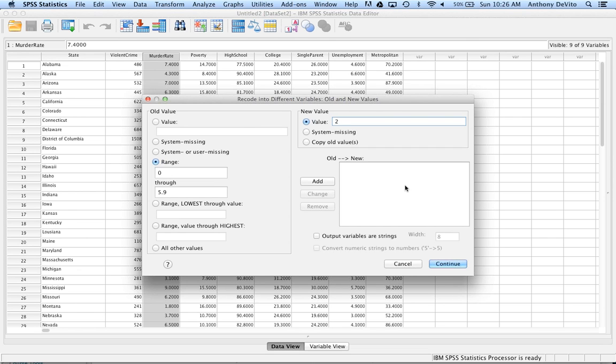Why did I call this 2 instead of 1? Well, I want the high murder rate to be in the top row, so I'm going to give it the lower number. I'm going to add it here.